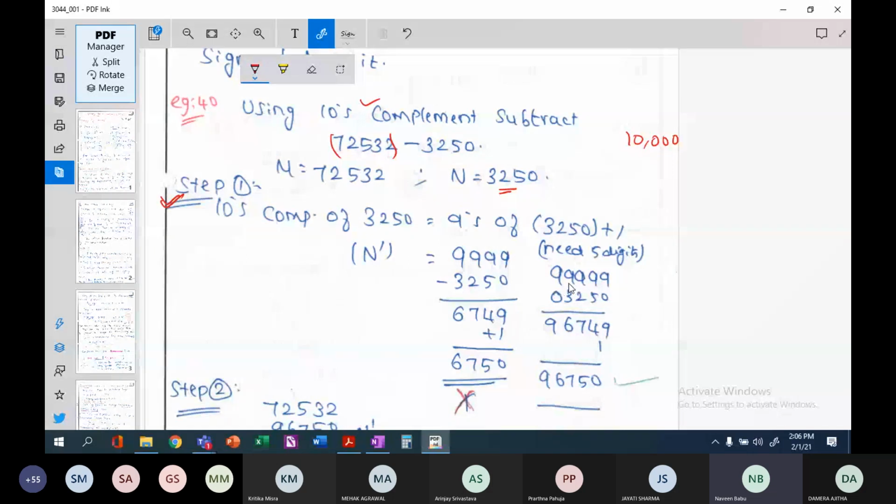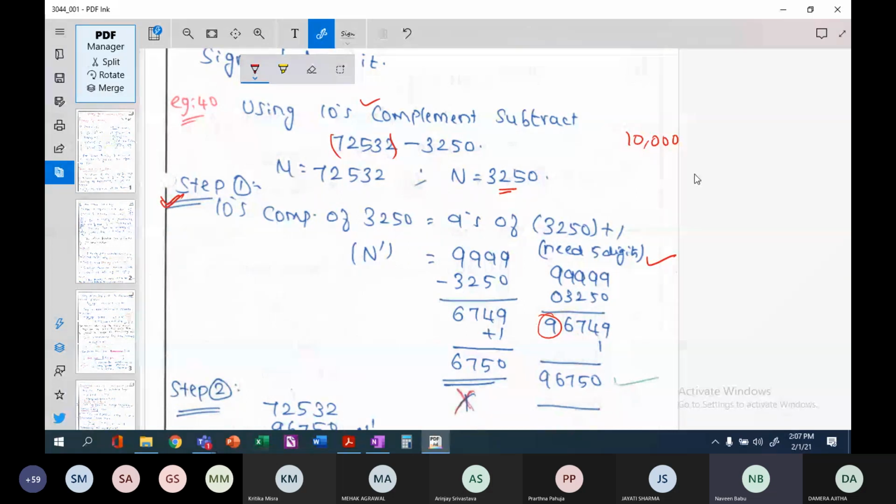When you subtract, you will have 9 added to 6749, so it is 96750. It is recommended that you use 5 digits here instead of 4, because you are subtracting from a 5-digit number. Though 3250 is a 4-digit number, you are going to subtract it from a 5-digit number.